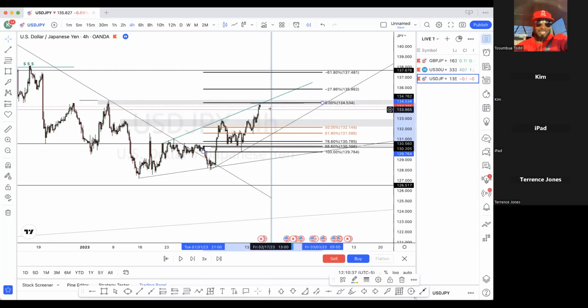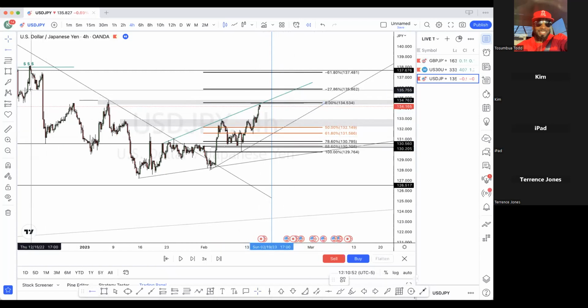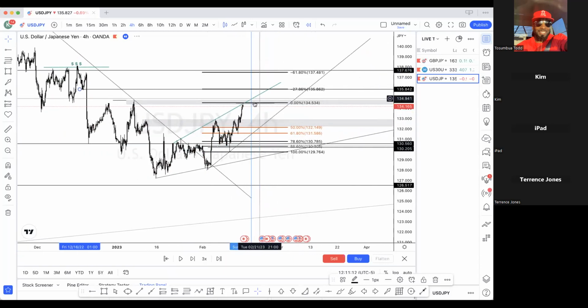So wherever price starts pulling back, now I'm expecting it to come to at least my 50% to continue buying up to my negative 27, which is confluence with price action here. And then once it gets here, I'm expecting some type of pullback. So then I will mark up my next swing high, whatever that may be.